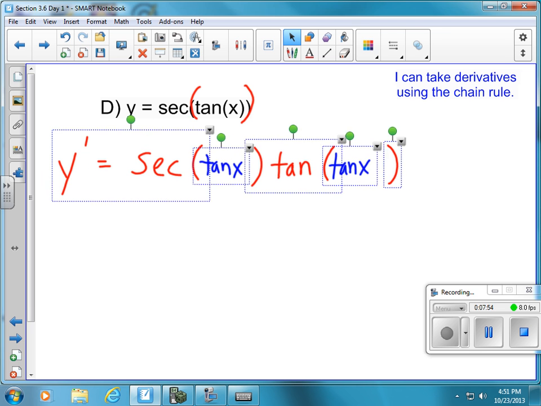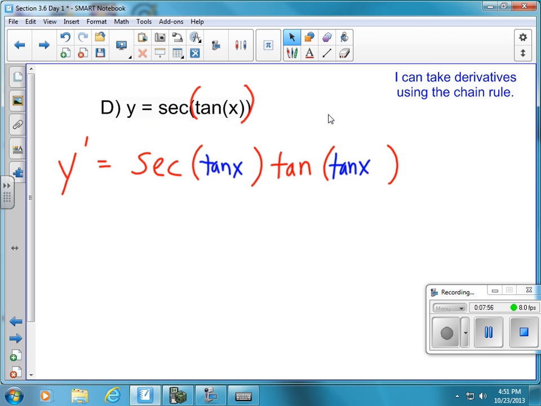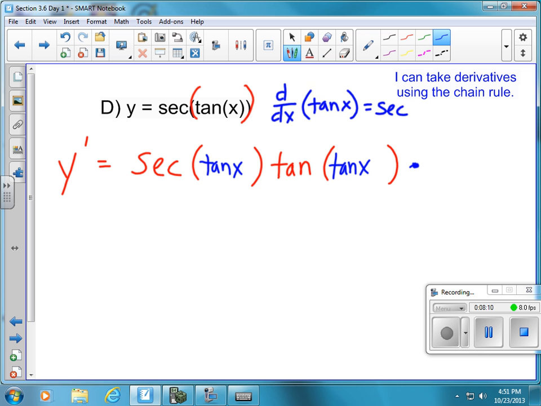Anyway, so the inside function is tangent. Now we're going to multiply this times the derivative of tangent of x. The derivative of tangent of x is just equal to secant squared, correct? So we write down secant squared. By the way, I hope you answered my question when I said correct. You said yes.